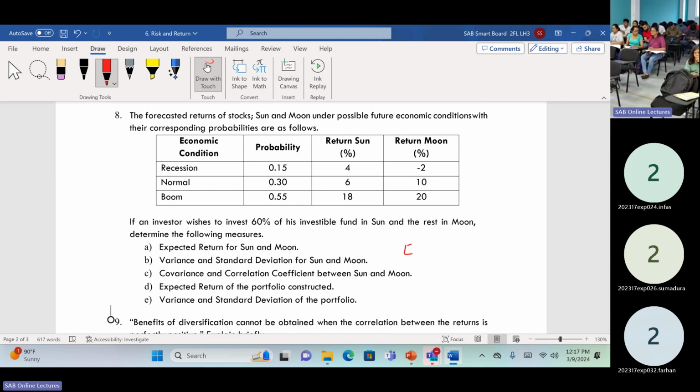So you know how to calculate expected return.